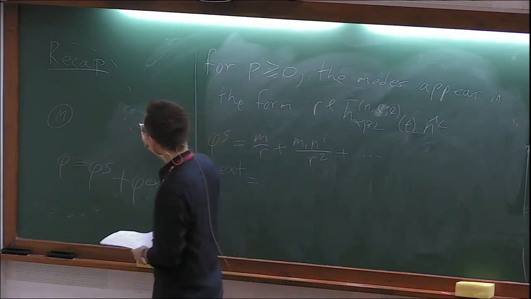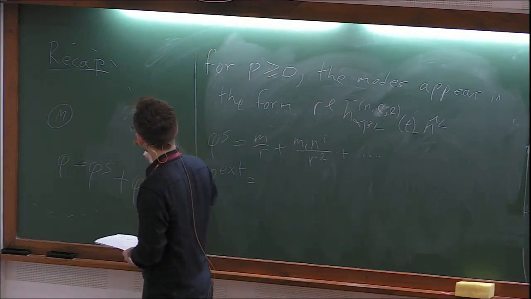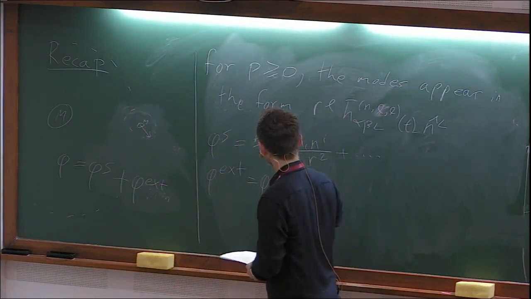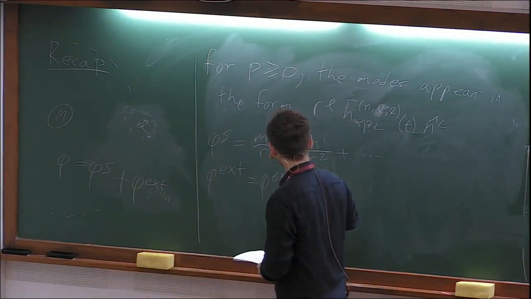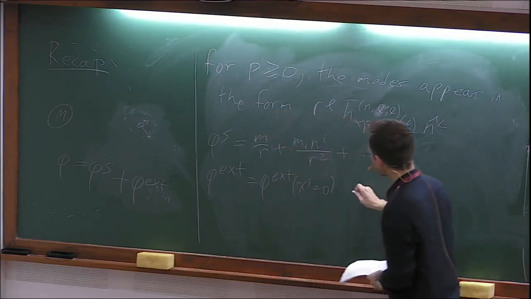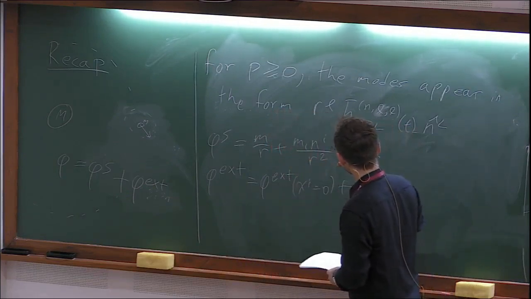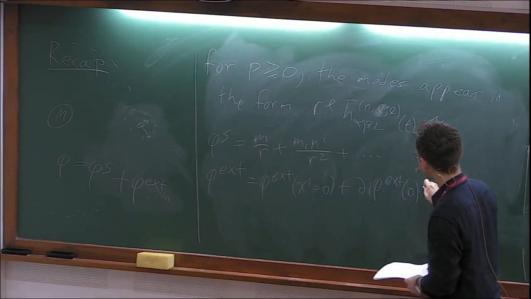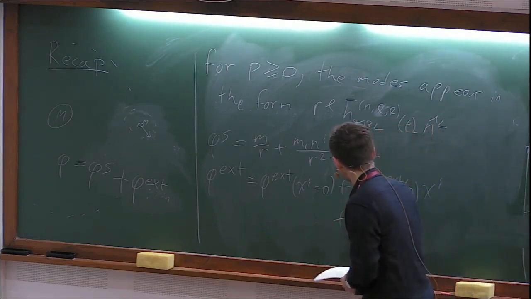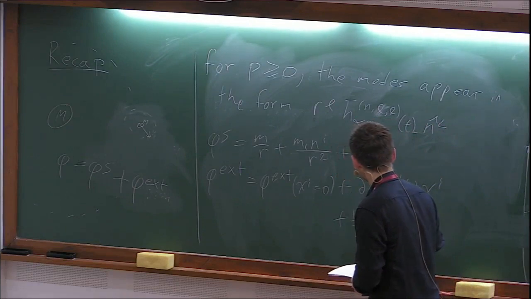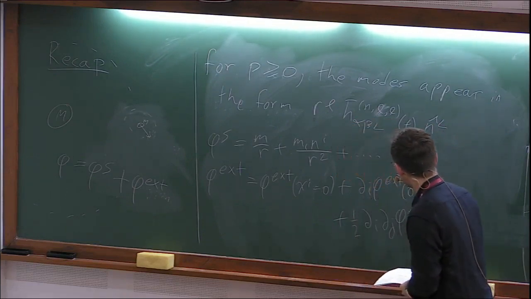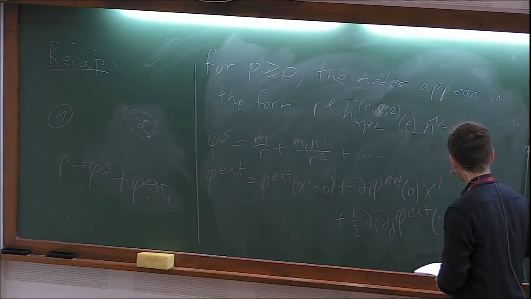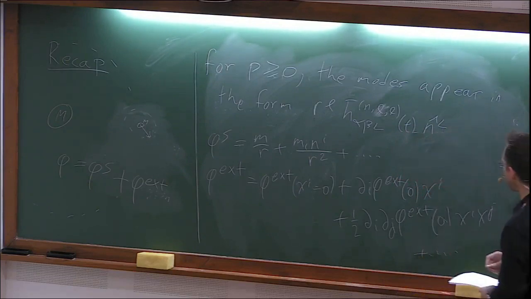you can write as a Taylor series around the center of the small object. So it's phi external just at xi equals 0 plus d i phi external at 0 times xi plus a half d i d j phi external at 0 xi xj, and so forth.